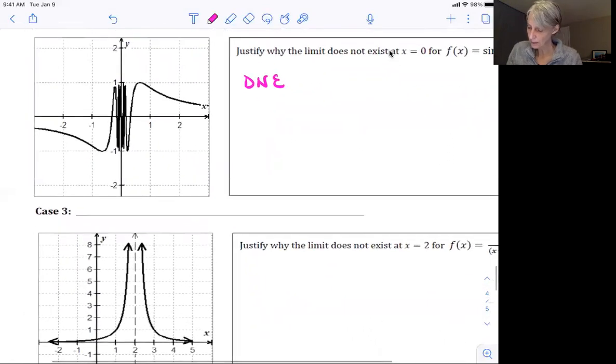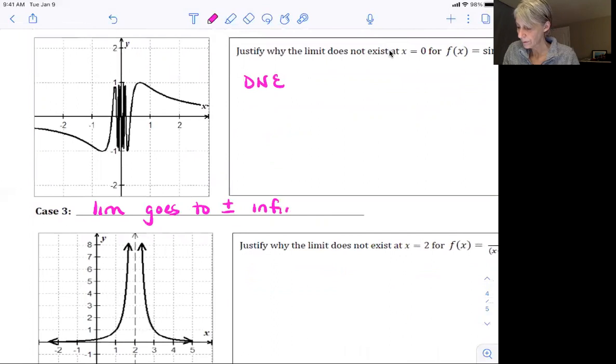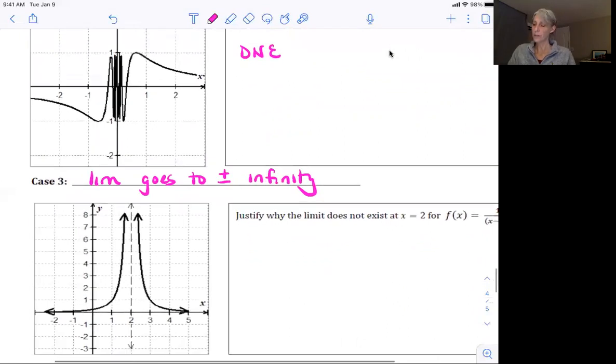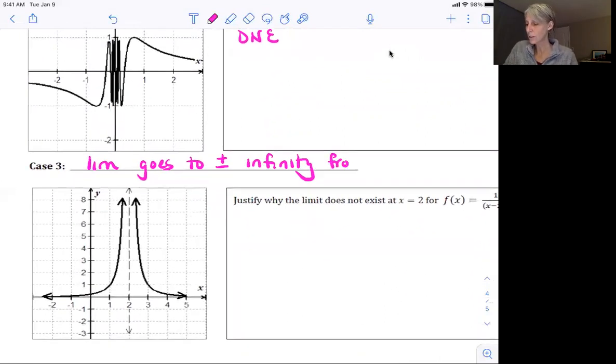And in the last, our limit goes to infinity from either direction. In other words, we're going to have an asymptote.